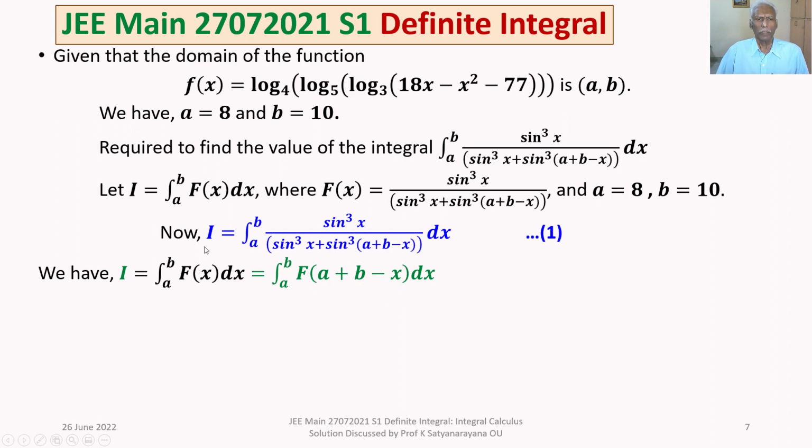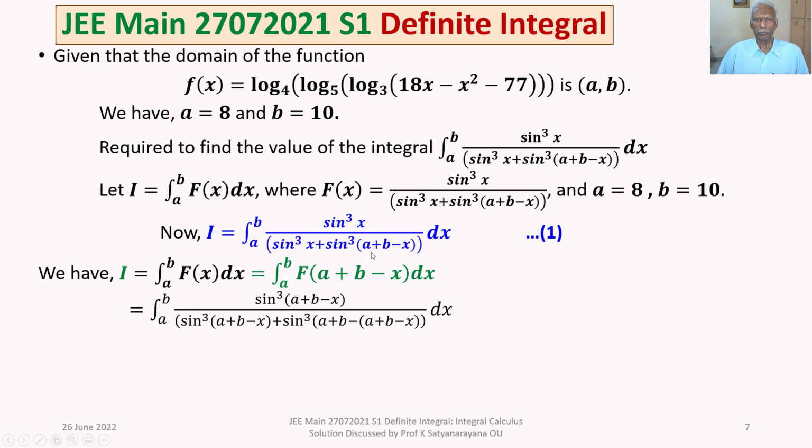So, now in this replace x by a plus b minus x. So, that is integral a to b, wherever there is x you write a plus b minus x. So, here a plus b minus x is a plus b minus x, and wherever there is x we have already written a plus b minus x. Now a cancels, b cancels, and you will have sine cube x.